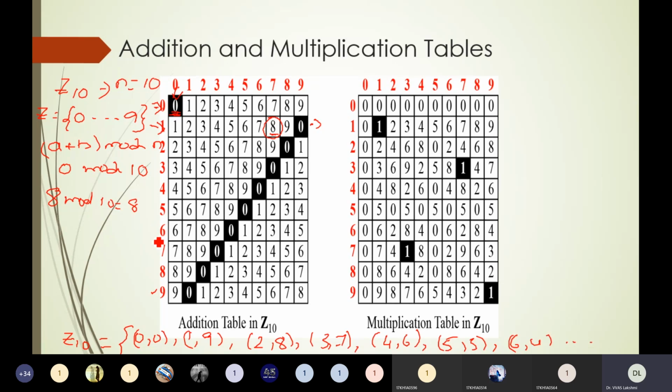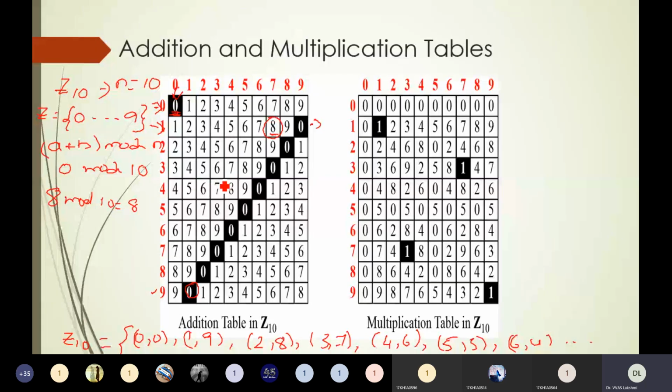So whenever we get the value 0 as the result of the addition plus modulus operation, those intersections of rows and columns are taken as additive inverses. Here almost all the elements are covered in additive inverse. So the Z10 additive inverse set contains all the elements. In each and every row, a 0 will be obtained.